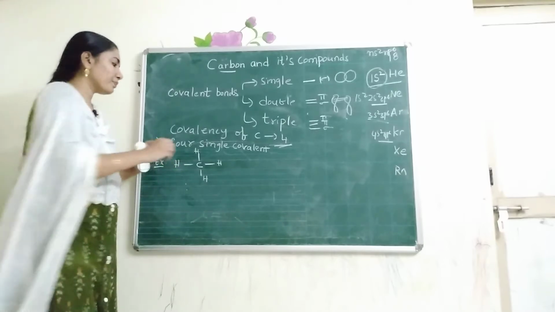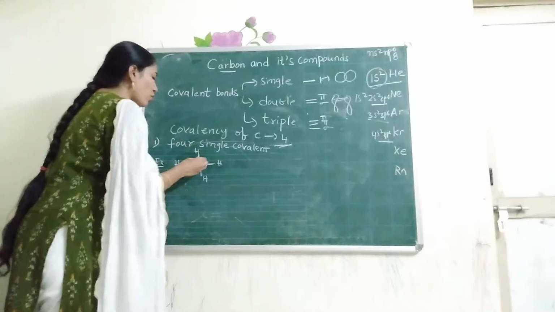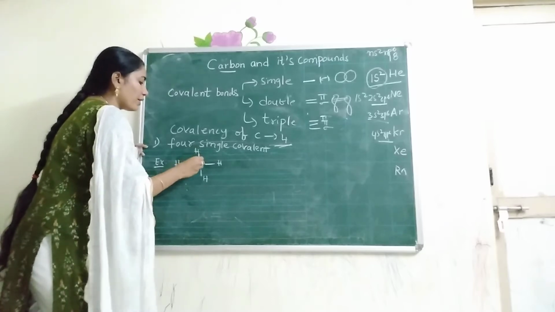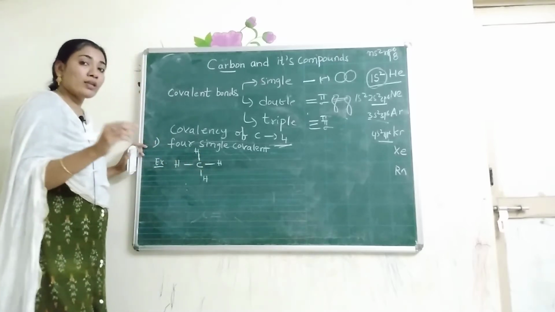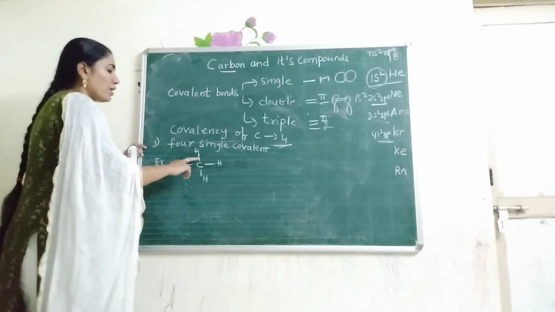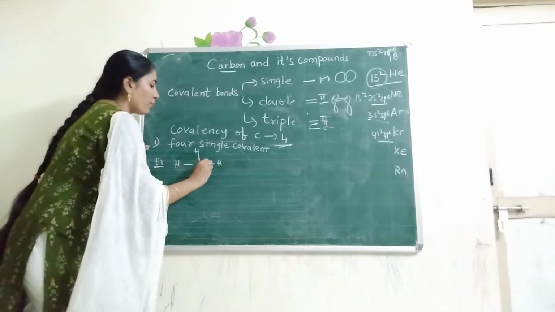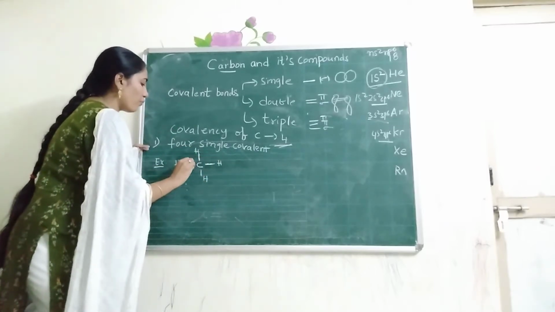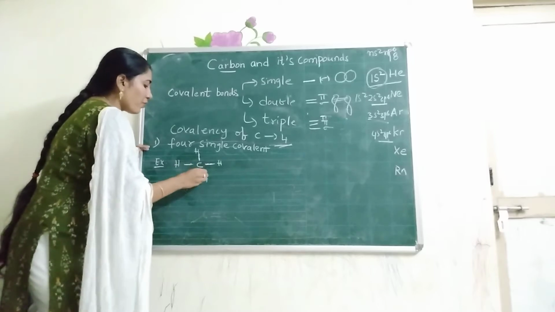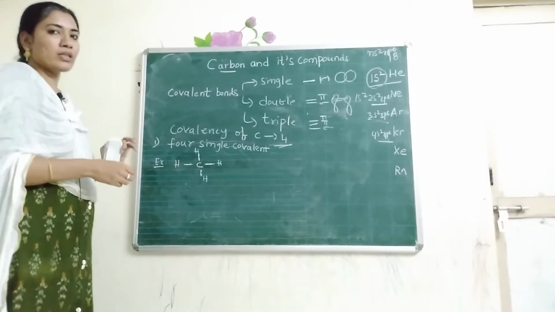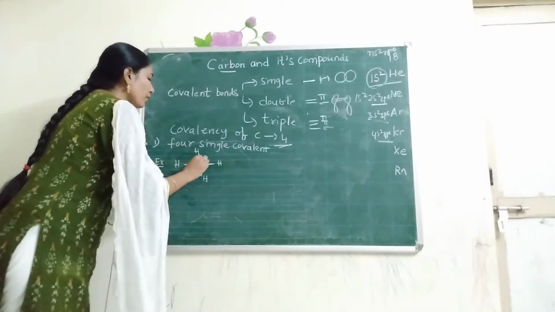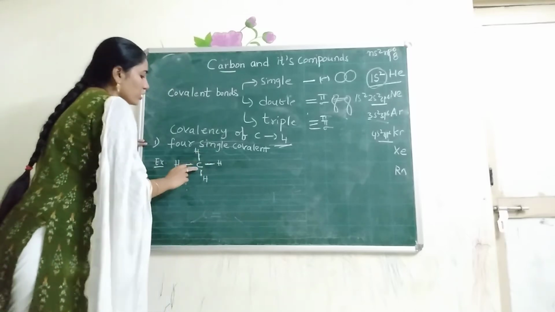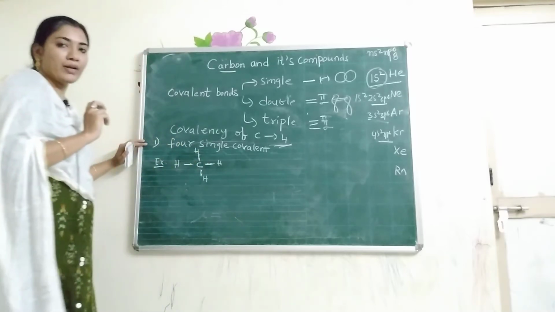So the carbon forms 4 covalent bonds so that it gets the octet configuration, because in a single bond there are 2 electrons. This shared pair of electrons belongs to this carbon and also this hydrogen.